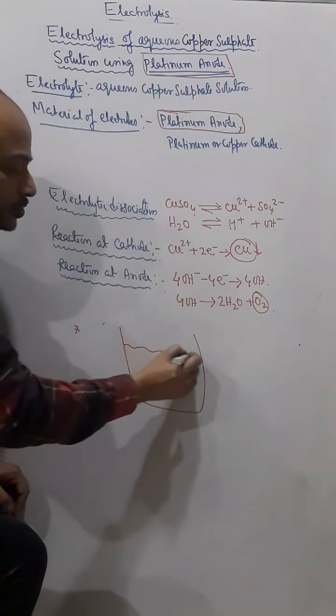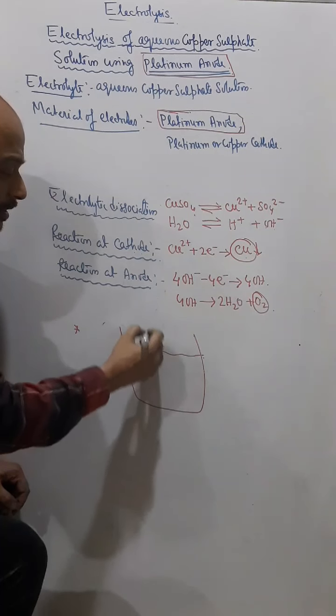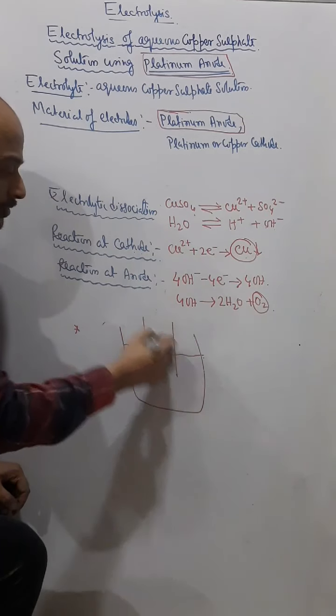So you have a blue solution here, and these are the cathode and anode.